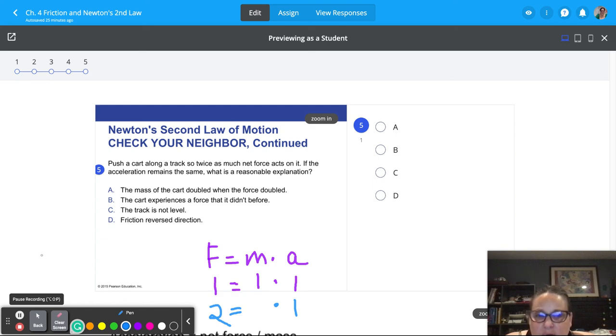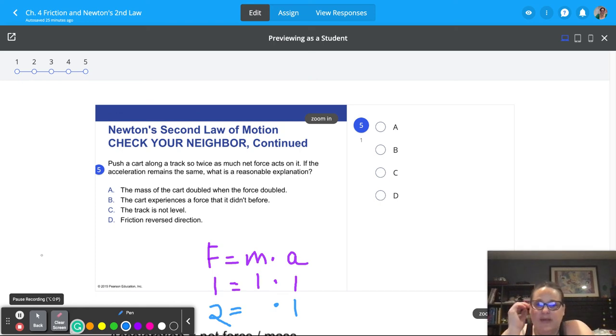All right, so I wrote our formula, F equals m times a. I plugged in ones for everything. So net force of 1 equals mass of 1 times acceleration of 1. And it says if the force is doubled, so I doubled the force, and if the acceleration remains the same, so I put it as a 1, what is a reasonable explanation?